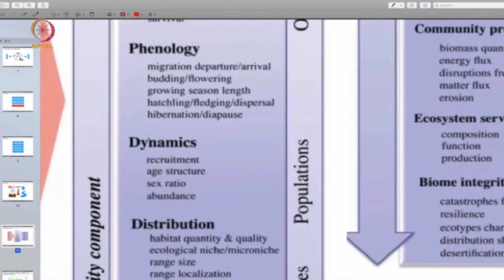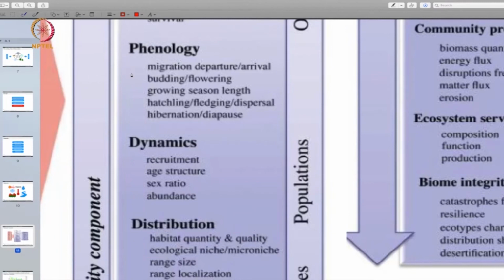We are also seeing changes in the phenology. Now, phenology refers to the timing of different processes. So, we are seeing changes in the arrival and departure times of different migrating species because the summers are coming earlier, they are lasting longer, the winters are coming late, they end faster.